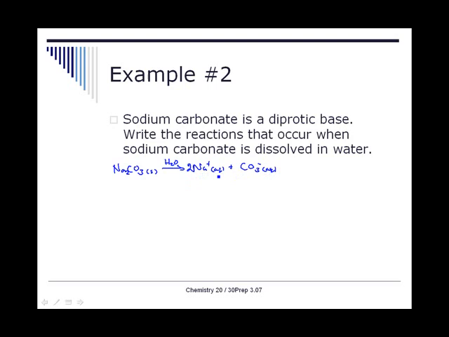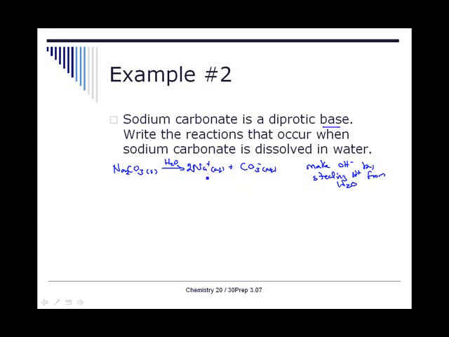Now we've got to decide which one of these things can make OH. We know we have to make hydroxide ions by stealing H pluses from H2O. By definition, that's what a base does. And because they're telling us it's a base, that's what we're going to try and do.